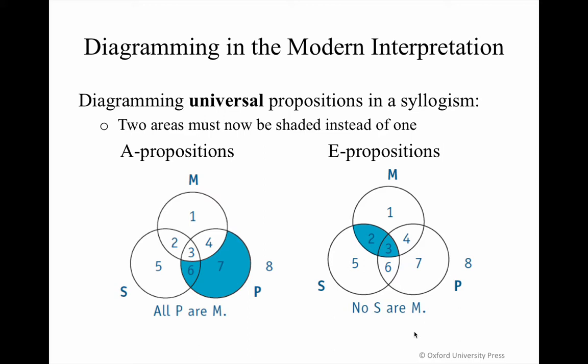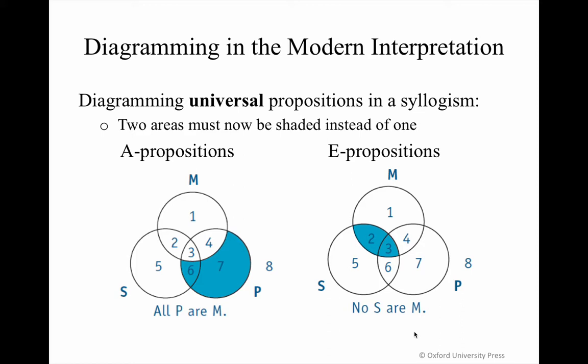First, when you are diagramming a categorical syllogism, you will always only diagram the premises. Moreover, when you are diagramming a syllogism that has at least one universal proposition, diagram the universal premise first.